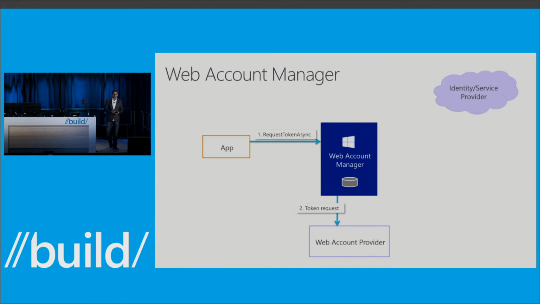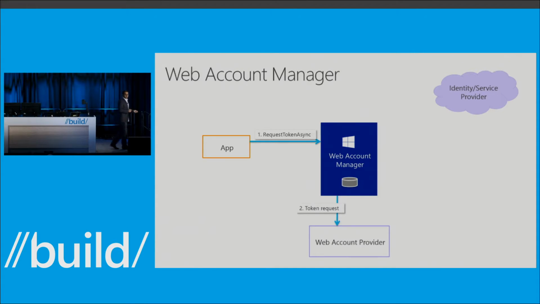A couple of other things it does is make sure that the Web Account Provider is in the foreground, and make sure that everything from a windowing and user experience perspective is done correctly so that you don't have to deal with it.